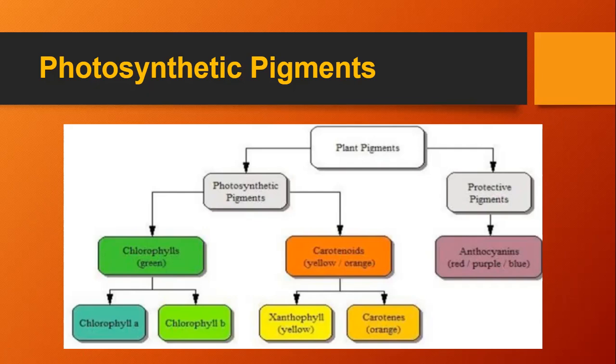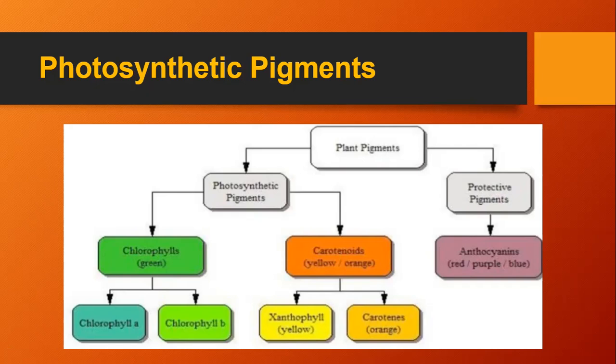Carotenoids are of two types: xanthophylls and carotenes. And chlorophyll, whenever we talk about chlorophyll, generally it doesn't mean a single pigment. It is a group of pigments once again.